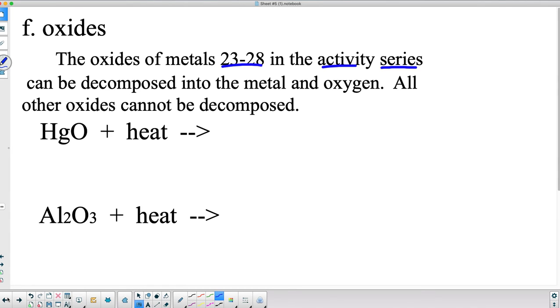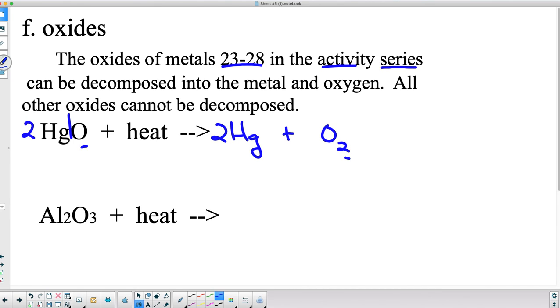I know it decomposes into mercury metal, like this. This is not Brinkelhoff, so you don't need the 2, and oxygen is Brinkelhoff, so it does need the 2. But because it has a 2 here, I need 2 over here, so we put a 2 in front, and then I need a 2 for that mercury.